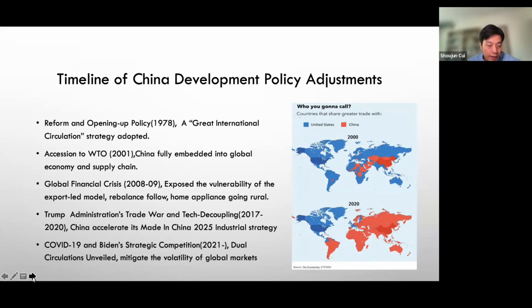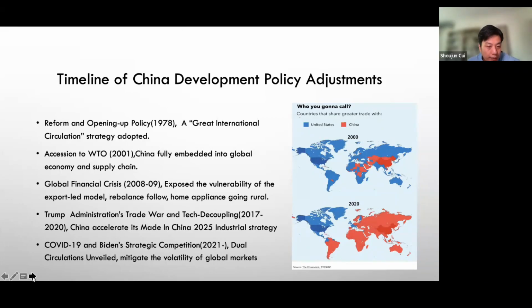However, the US is quite worried about China's Made in China 2025 strategy, and they saw that China will dominate 10 sectors of technology and push the US out. This caused a rebound of the US containment policy toward China.